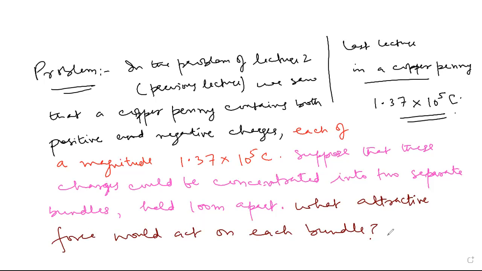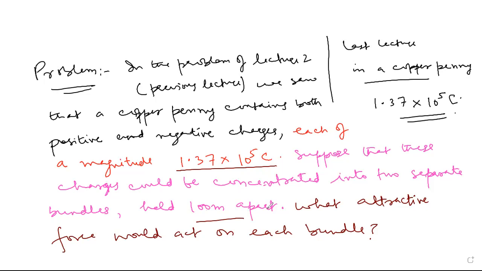In the problem of lecture 2, that is previous lecture, we saw that a copper penny contains both positive and negative charges, each of a magnitude 1.37 into 10 raised by 5 coulomb. Suppose that the charges could be concentrated into two separate bundles held 100 meters apart.